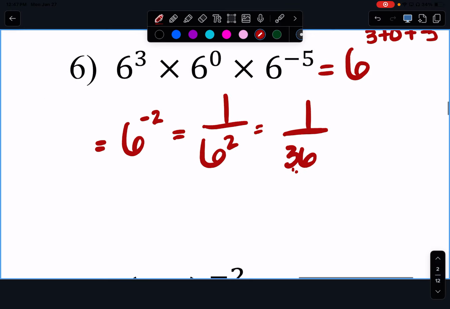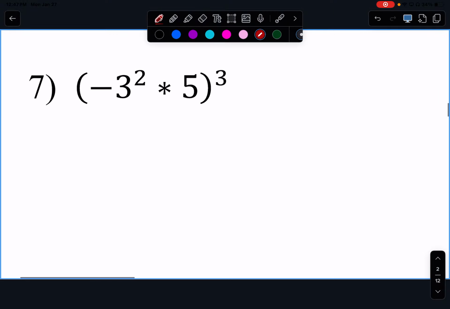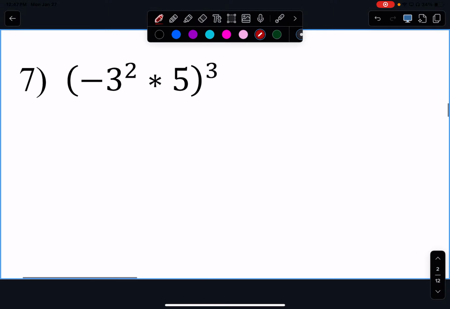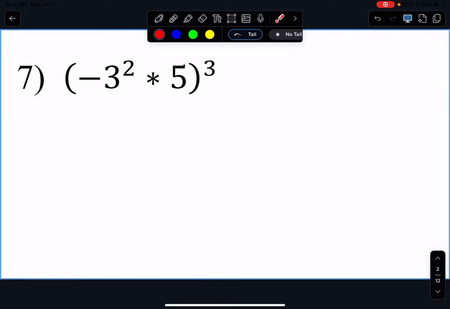All right, number 7. When I look at this part right here, is that negative 3 squared, or is it the negative and then just 3 squared? Is the negative included there? No, right?